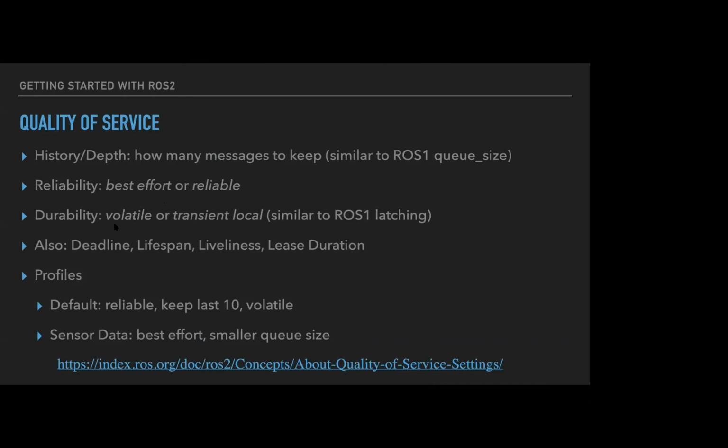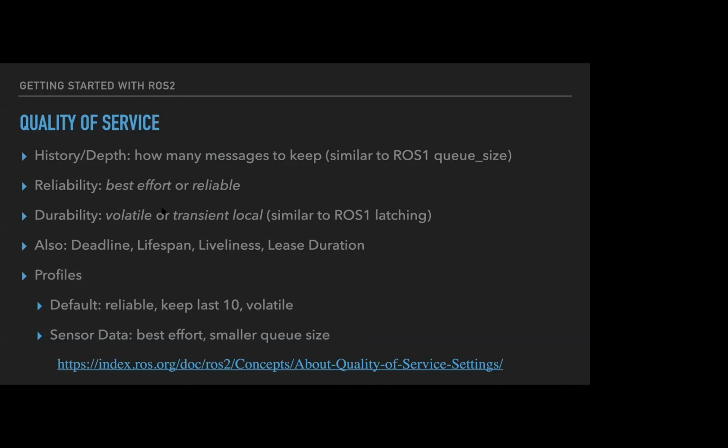You also have durability, and these names are kind of weird: volatile or transient local. The way to think about it is that transient local is basically like latching in ROS1. So if you set it to transient local, say for a map message, once you've loaded it up it probably doesn't change, but you want the message to still be valid when a new subscriber comes online.